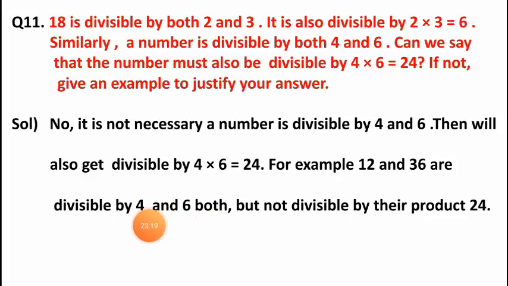But when we take the product of both numbers 4 and 6, it will not divide them. The product of 4 and 6 is 24, and that 24 cannot divide 12 and 36.